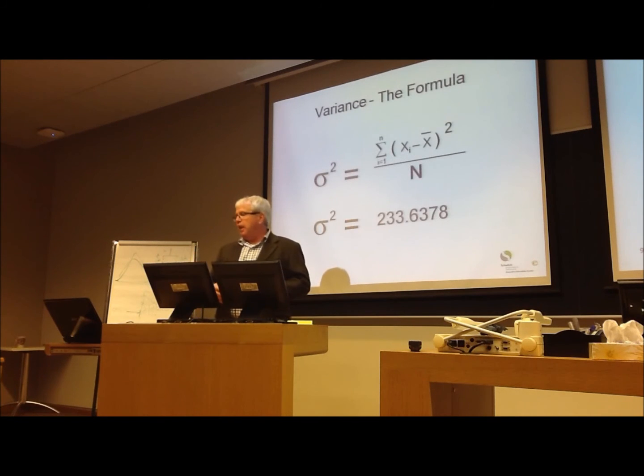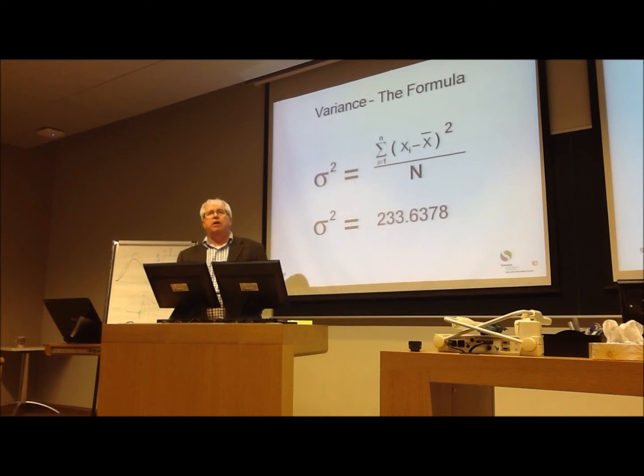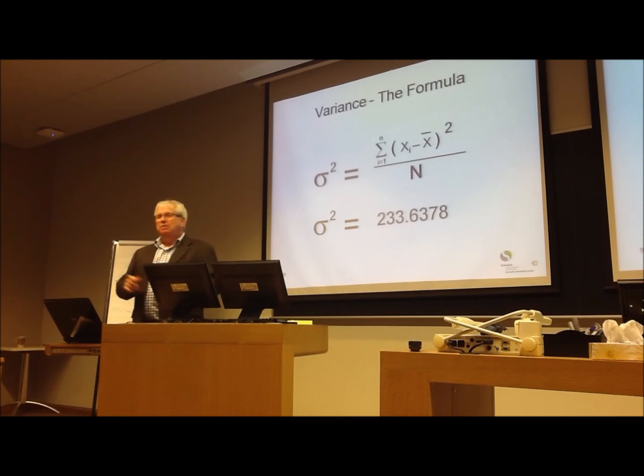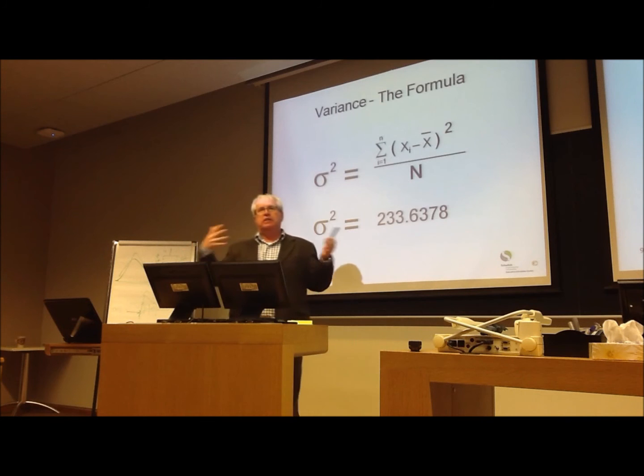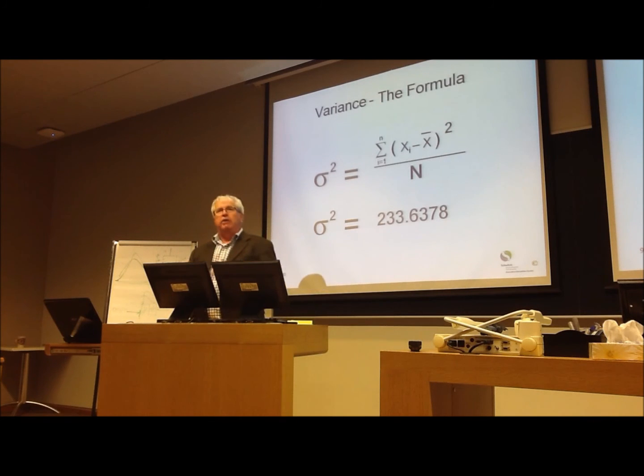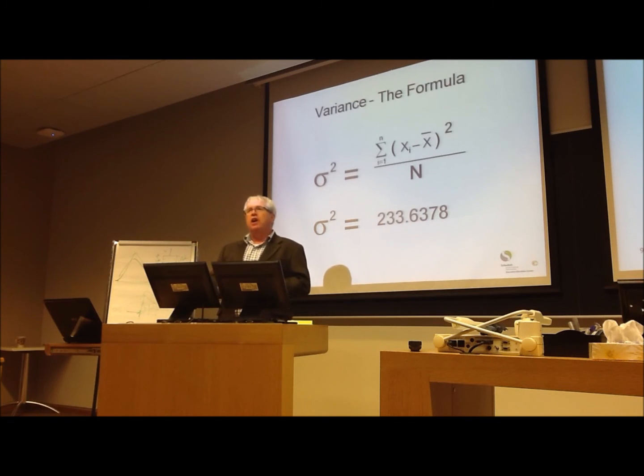The next step is to actually calculate something called variance. Now this is important for engineers. Isn't it, Marco? Variance is additive, which is kind of cool, is that you can add variance together to come up to total variance. So that's one of the properties of variance and why engineers need this number. Standard deviation is non-additive.